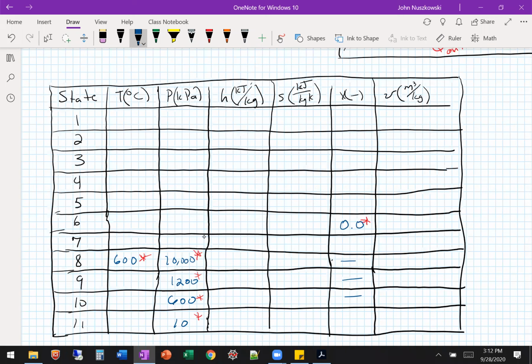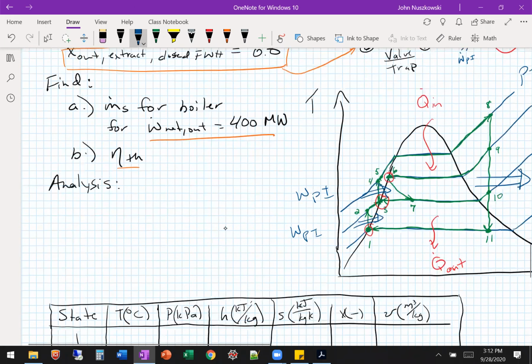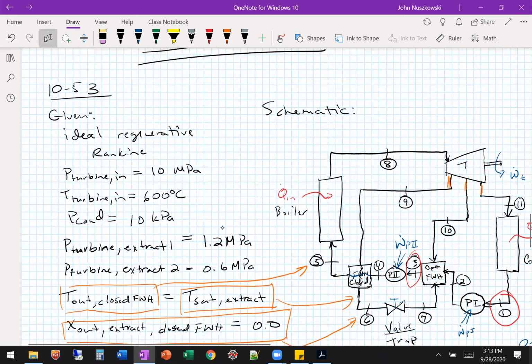Okay. Now, 4, 5, and 8 are the same pressure. This is our pressure line. The pump changes the pressure, and this is a closed feed water heater through here.